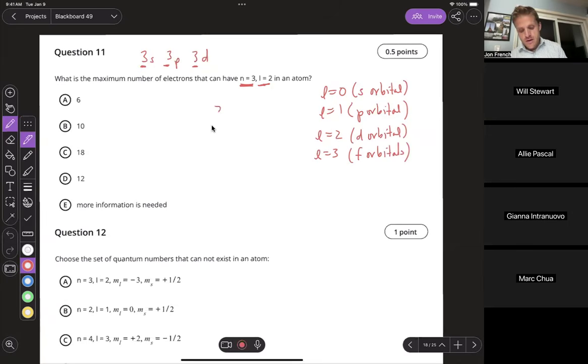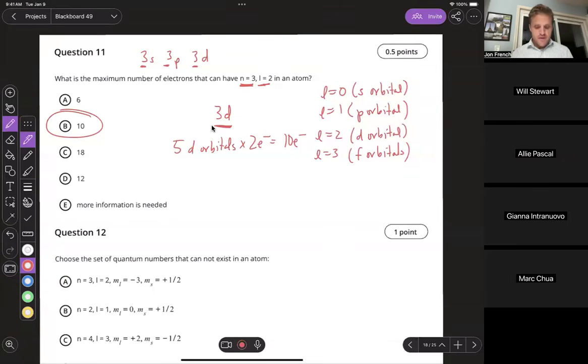So n equals 3, L equals 2 is basically saying we're working with the 3d orbitals. We always have 5 d orbitals times 2 electrons each, so 10 total electrons possible. I can still ask similar questions without saying n is this, L is this.